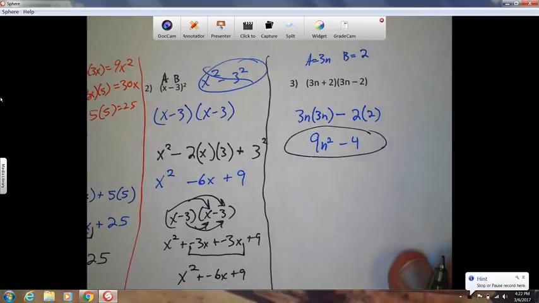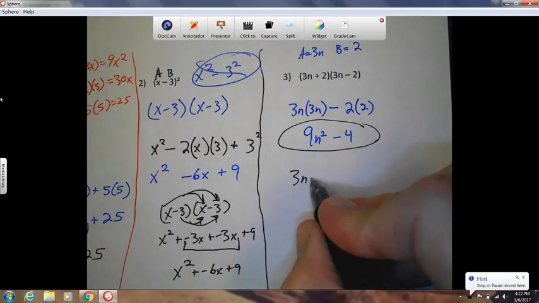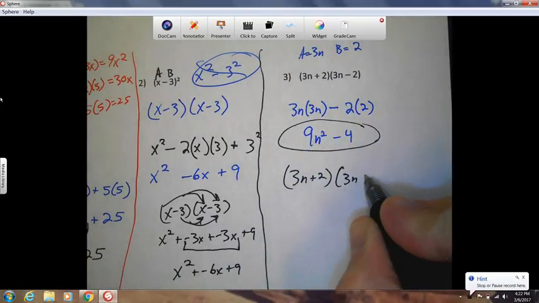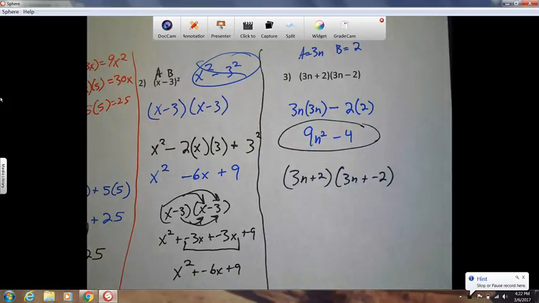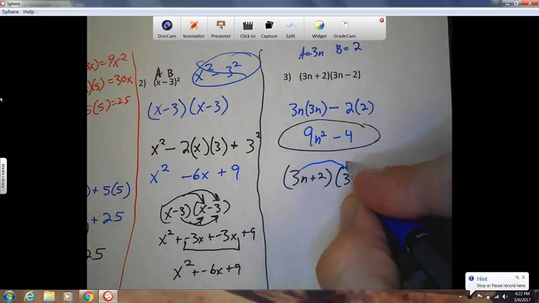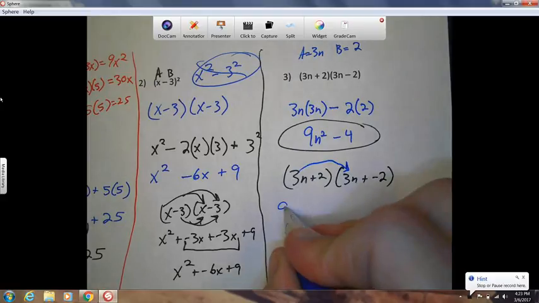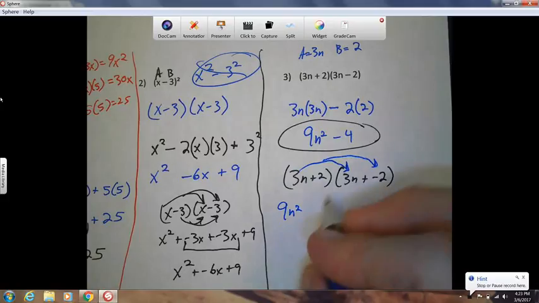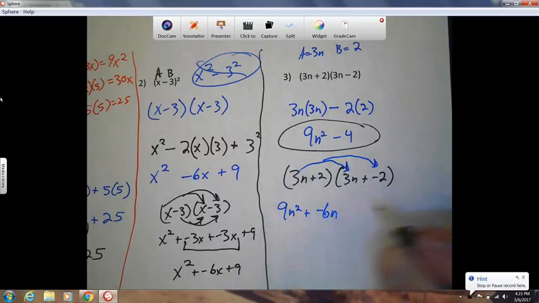3n plus 2, 3n, and instead of minus 2, I'm going to plus a negative 2. So I do 3n times 3n, which is 9n squared. Then I do 3n times a negative 2, which is negative 6n. I have to do the same thing with the 2.